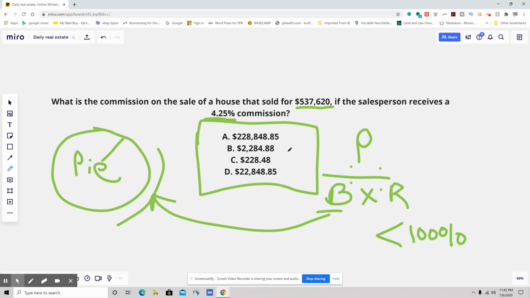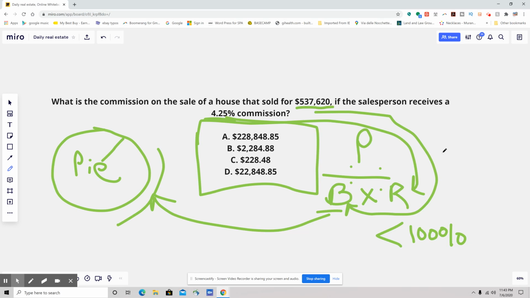So if we look at this and we look at all the answers, even if you don't know where to put something, you know, based on what I just told you, that this has to be the base because every one of our answers is going to be smaller. So what happens is this right here is the base. And we've also identified that this guy right here, that's the rate. So we are doing a base times a rate.